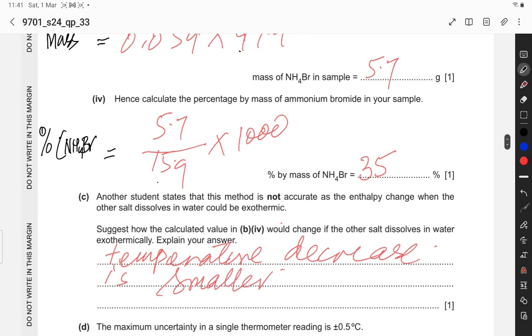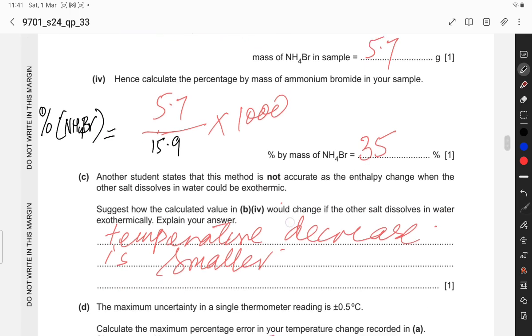So this is the mass of ammonium bromide in the sample we are calculating, and this is the total mass of ammonium bromide which we have actually taken, 15.9. The answer is 35% by mass of ammonium bromide.